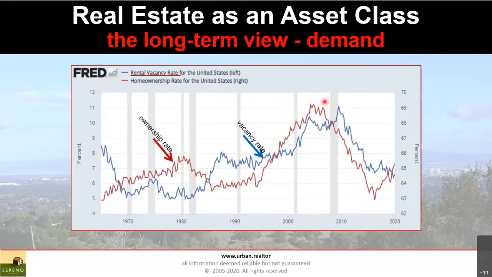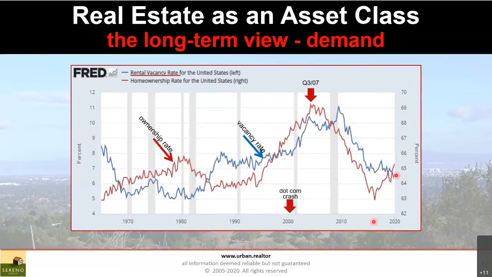So this is obviously what we see with the dot-com crash here, where the ownership rate goes down. Once we see the dot-com crash, ownership dropped dramatically, which obviously results in the vacancy rate dropping as well.